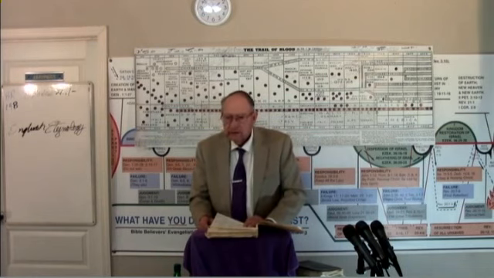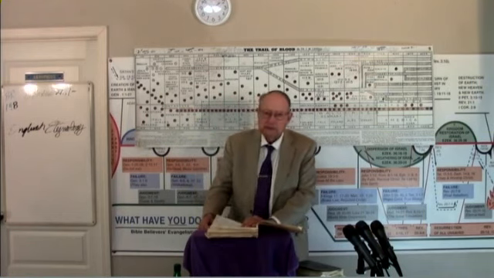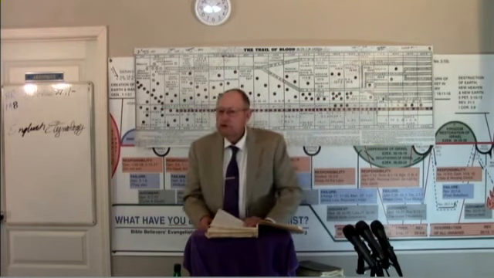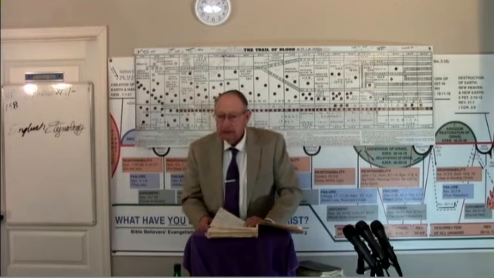Jesus Christ was preternatural as God, as the eternal Son. But when he came into this world through the womb of Mary, he became a natural being, and therefore he was subject to death, to hunger, to cold, to heat, to thirst. He was subject to even emotions. Jesus wept. Remember, that's the shortest verse in the Bible.